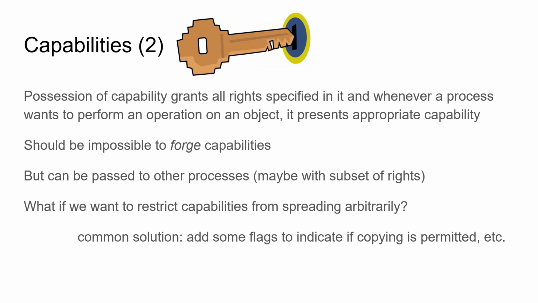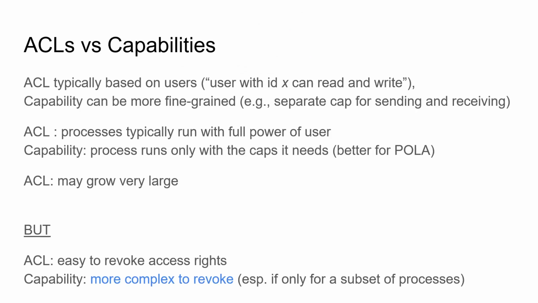So a common solution is to add flags to the capabilities that indicate whether or not the possessor of that capability is allowed to copy the capability. That is how you can control the indiscriminate spread.